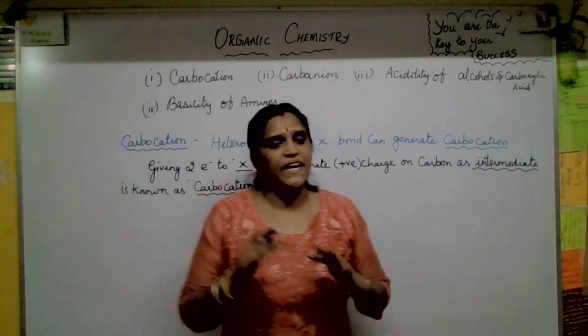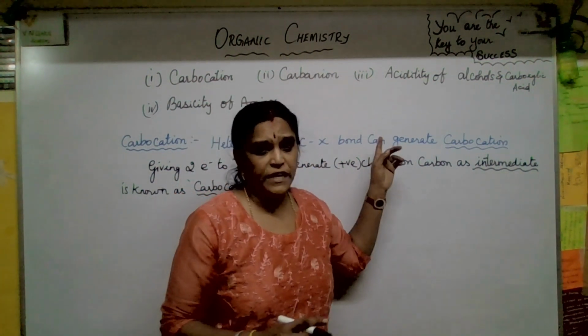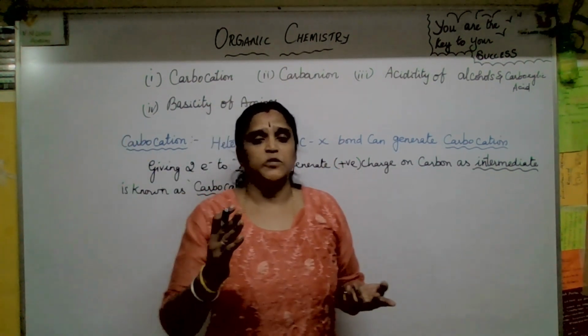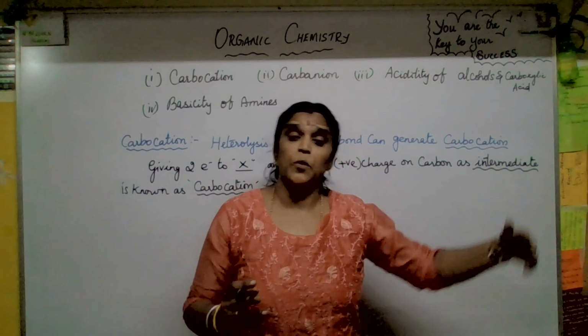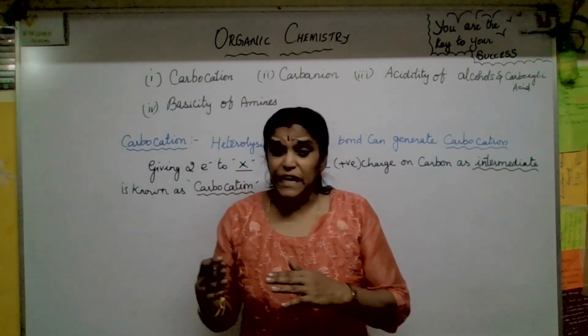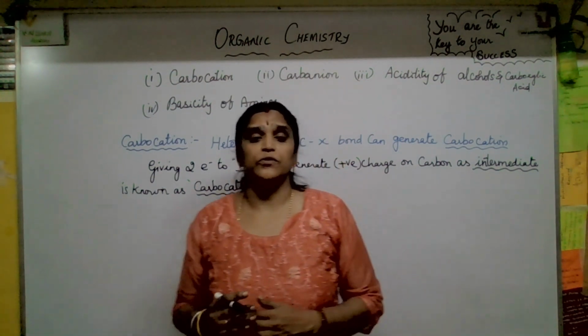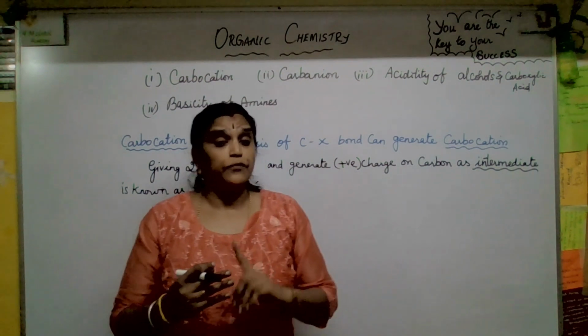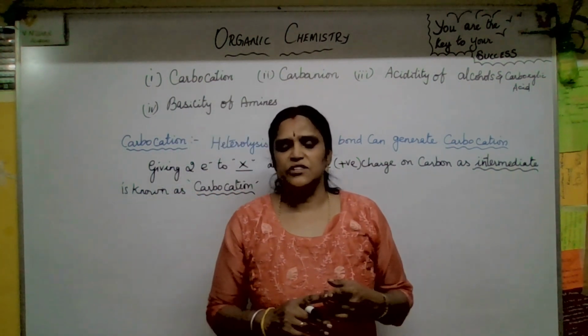Now we are going to see carbocation. Before going for all these points, how do we get carbocation? See, reactant and substrate combine to give intermediate product and final product. We have gone through that. Now this intermediate product is divided into 3 or 4 groups, that is carbocation, carbanion, free radical, and transition state.